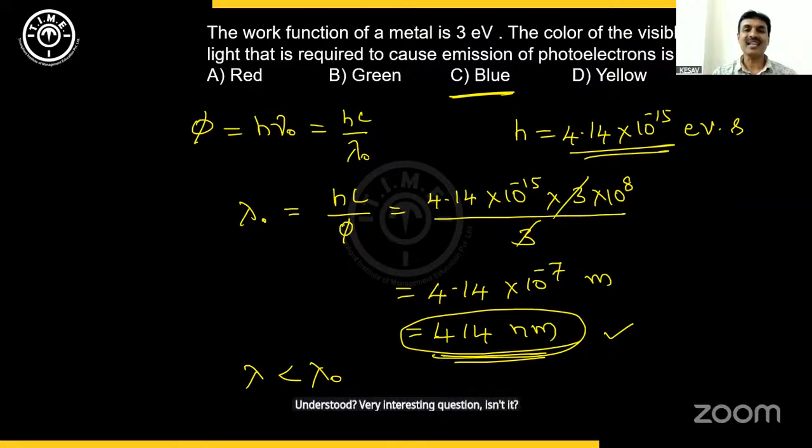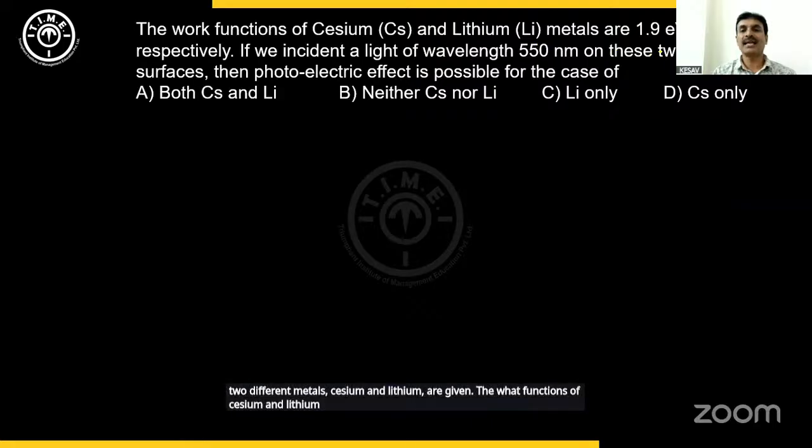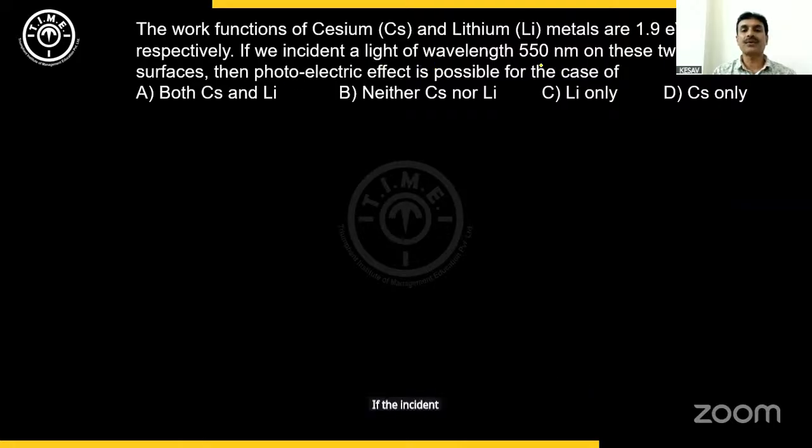Yes. Another one. Two different metals, cesium and lithium, are given. The work functions of cesium and lithium metals are 1.9 electron volt and 2.5 electron volt respectively. If incident light of wavelength 550 nanometer falls on these two metal surfaces, see, same radiation falls on both, then for which metal is the photoelectric effect possible?